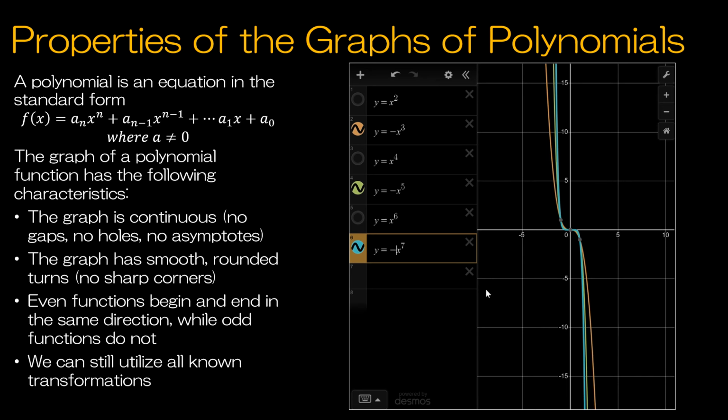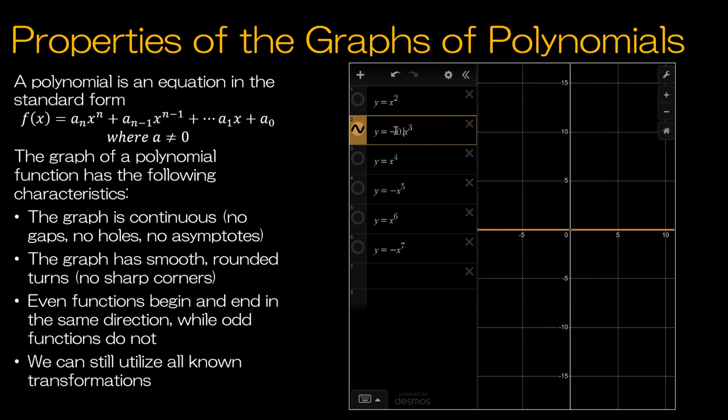We can also use all of those same transformations we had before. So let me get rid of a couple of these. If I give you a number from 0 to 1, it's going to make it fatter. If I give you a number greater than 1, or the absolute value is greater than 1, it's going to make it skinnier. I can get rid of that negative and make it go the correct direction again.